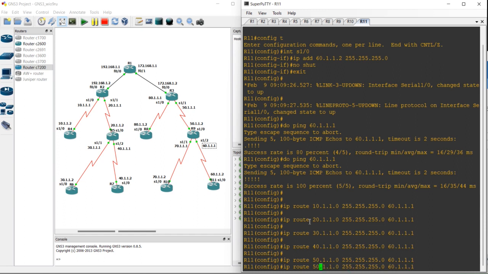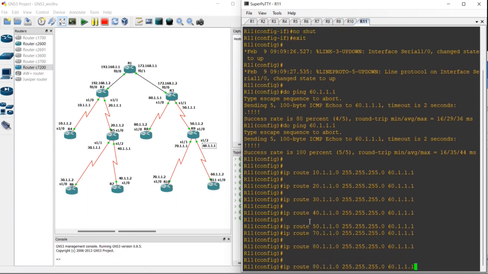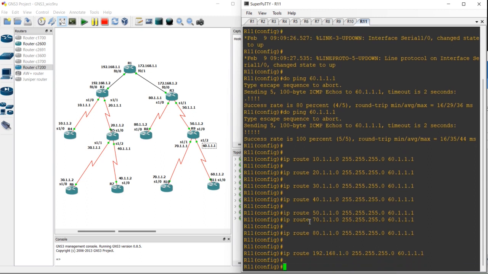Now for 70, for 80, and for 192.168.1.0, and for the 172 network.